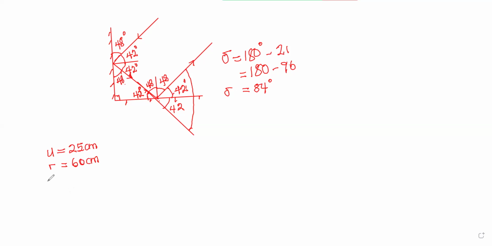If R is 60, because R is equal to 2 times F, it means F would be equal to 60 divided by 2, which is 30 centimeters. So that is the focal length of the concave mirror.